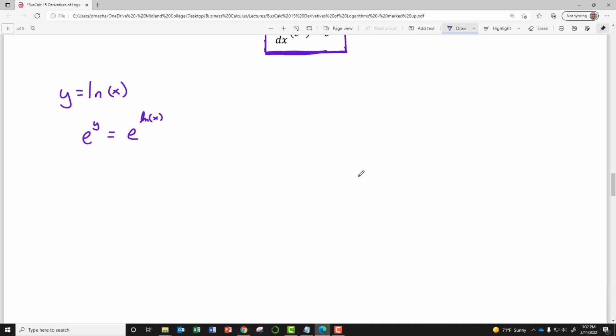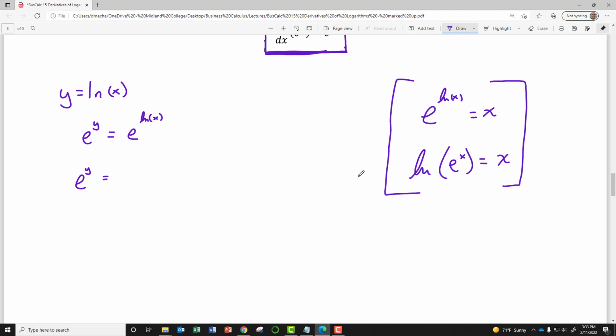So if those things are equal and I have the same base, then this equation should still be true. And hopefully you remember from your algebra class that the exponential base e and the logarithm base e are inverse functions. And so that means that if I take e and I compose it with the natural log, this is just x. And likewise, if I have the natural log of e to the power x, this is also just x. This is what it means to be inverse functions.